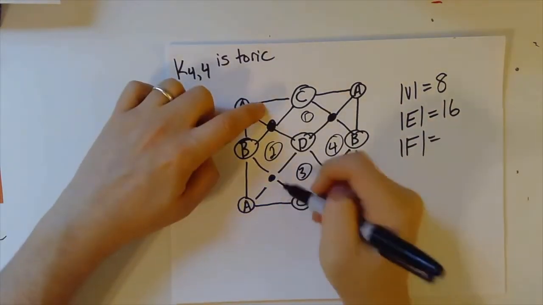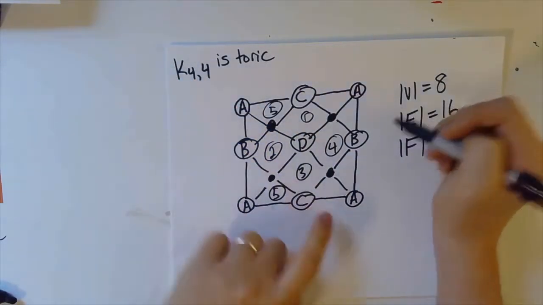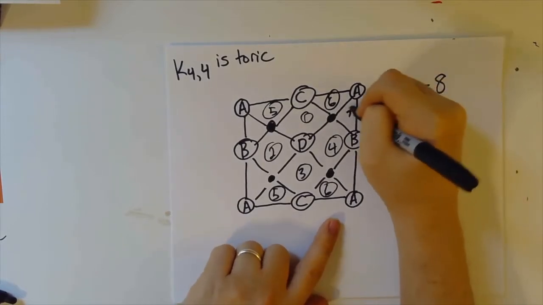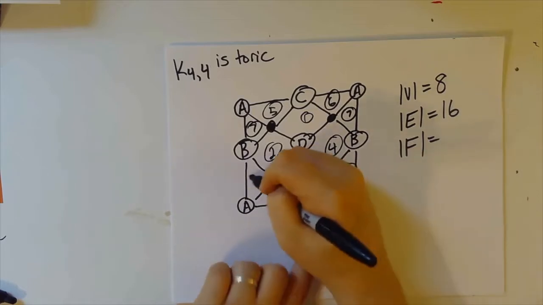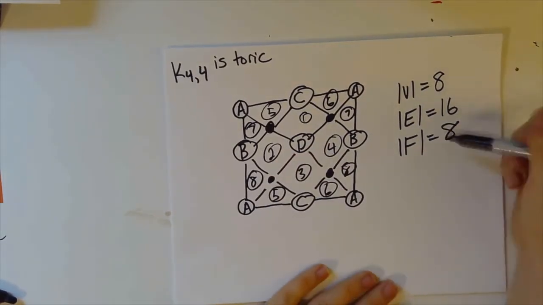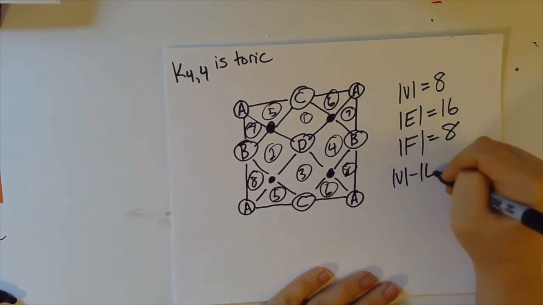And then I've got a diamond here. That's 5. This is also 5, if I want to keep track. Here's 6. This is also 6. Here's 7. This is also 7. And here's 8. This is also 8. So there are 8 faces. And lo and behold, 8 plus 16 minus 8 is 0.